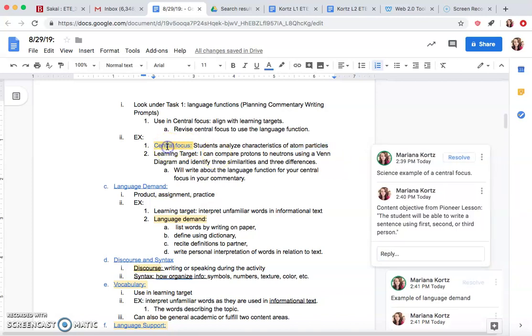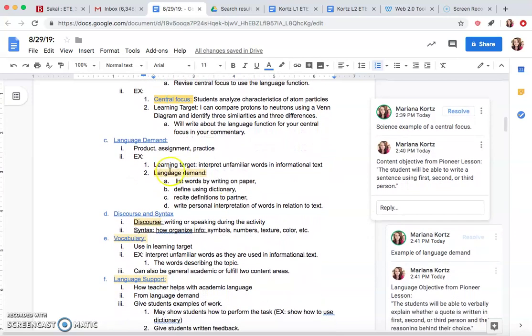So my possible central focus is that the student will be able to write a sentence using first, second, or third person. I believe this would be a good central focus as it has that verb, which is the word write. And it also says what the students must write, which is a sentence using first, second, or third person.